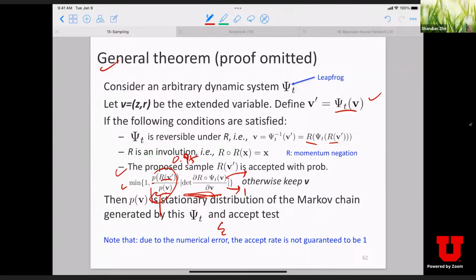They will increase the number of steps, and usually tune it to make the acceptance rate 0.6 to 0.7, so that you can start from here, and then your next sample can be very far away, which accelerates the exploration efficiency for the whole sample space.